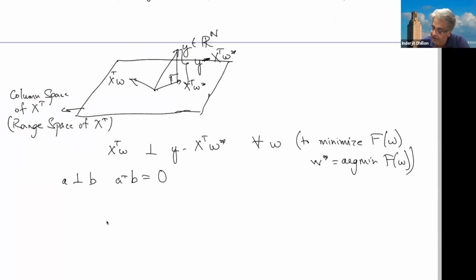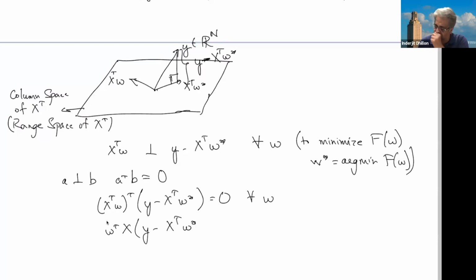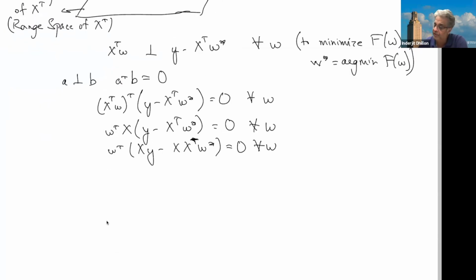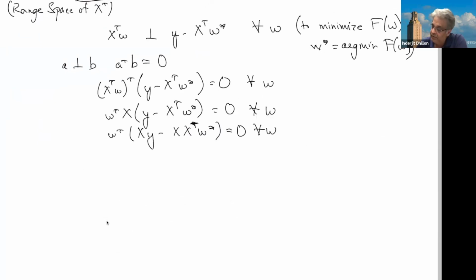So if I say that (X transpose W) transpose times (Y minus X transpose W star) is equal to 0 for all W, and if I then do a little bit of algebra, I have W transpose X times (Y minus X transpose W star) equal to 0 for all W. And since this is supposed to be true for all W, that means this quantity should be equal to 0, which means that X X transpose W star must be equal to XY.